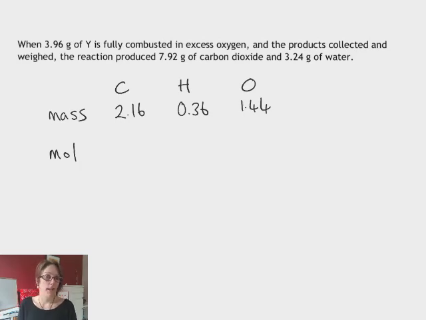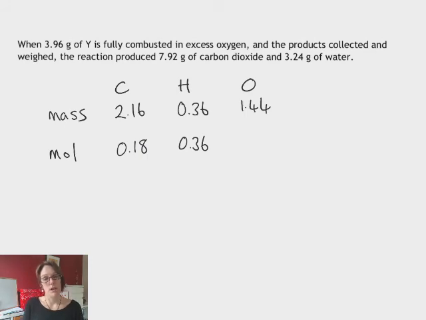I don't need to calculate my moles of carbon because I already did that in the previous example, and I already calculated my moles of hydrogen. I'm only doing this to show you how it's like an empirical formula question, but also to show you that we need to calculate the moles of oxygen now. So moles of carbon and hydrogen we already knew, from the water information and carbon dioxide.